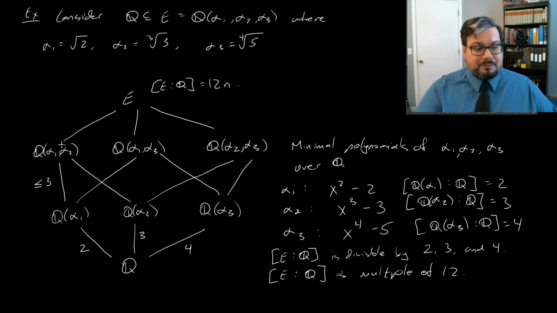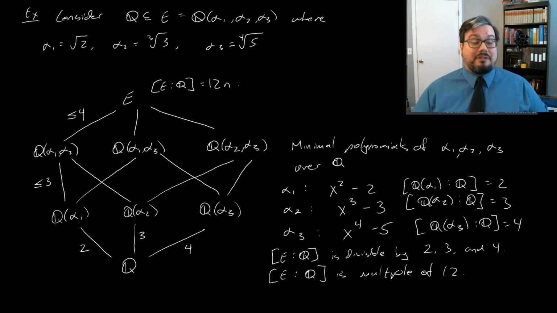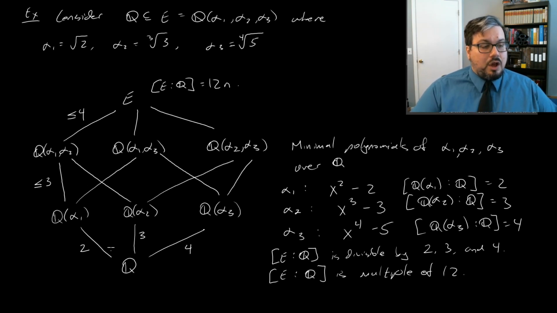And similarly, moving from Q alpha 1 alpha 2 up to E means that we're including alpha 3 now, and the degree of that extension is less than or equal to 4. It might be 4, but it might be less. So what that tells us is that the degree of E over Q is less than or equal to 2 times 3 times 4. 2 times 3 times 4 is 24.